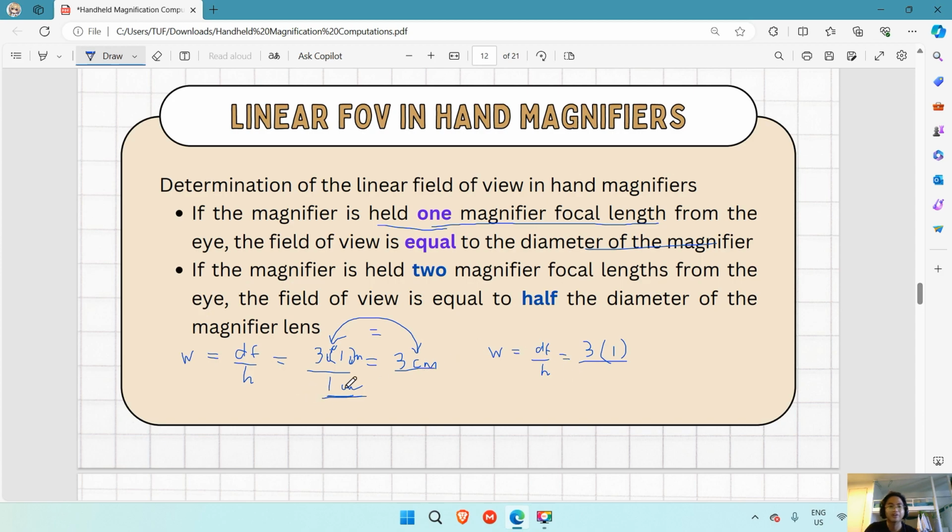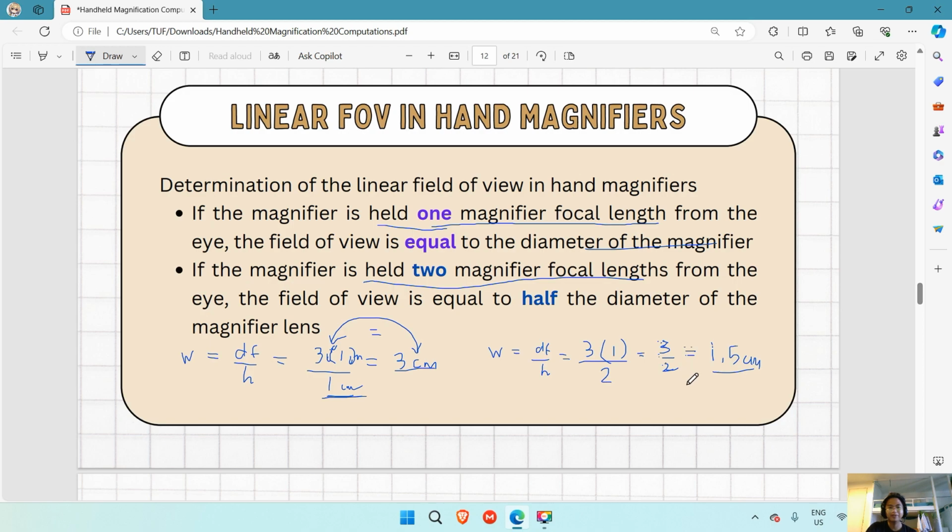Then our distance becomes 2, since it is held 2 magnifier focal lengths away. So it is 3 over 2, and our width becomes 1.5 centimeters.